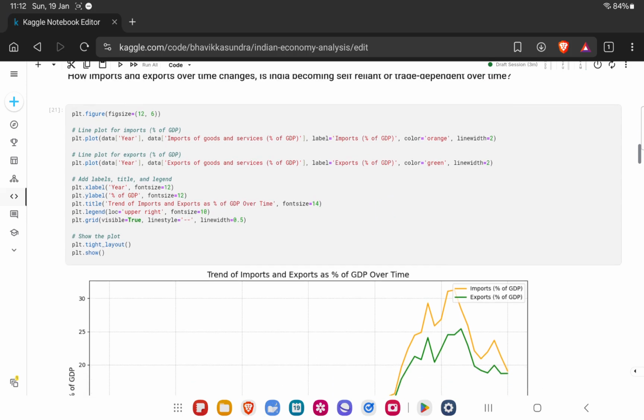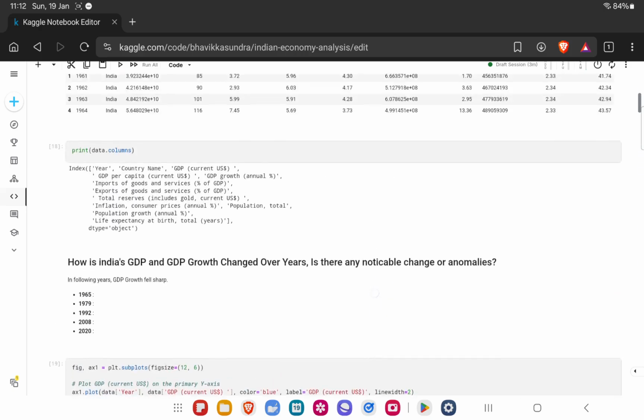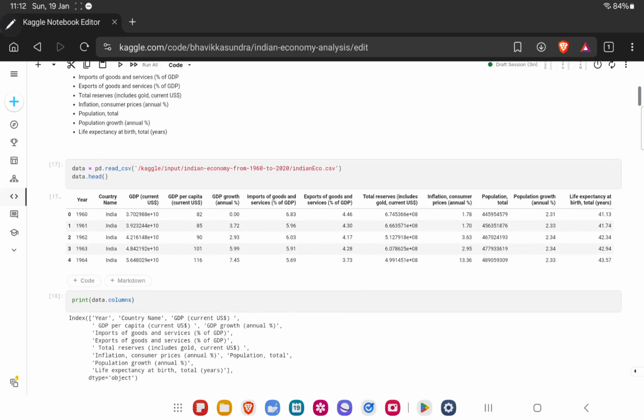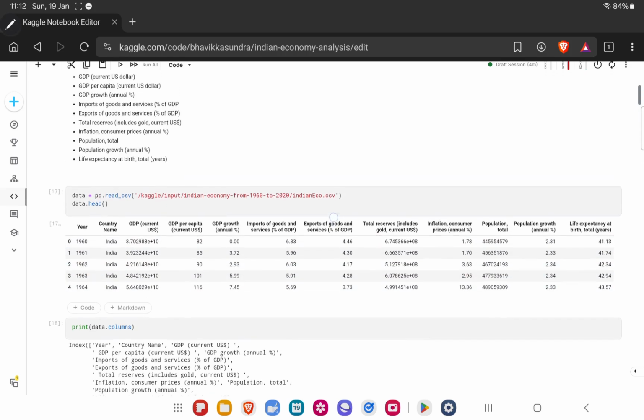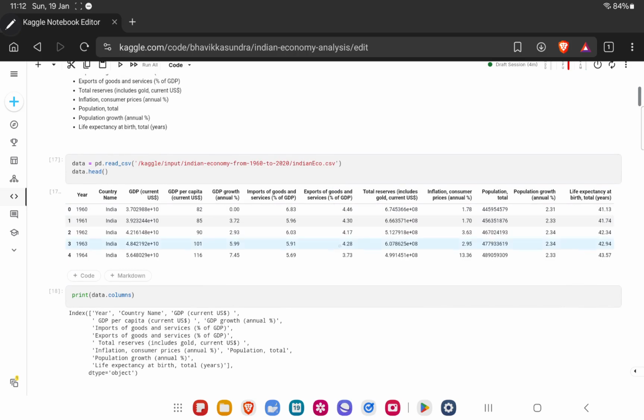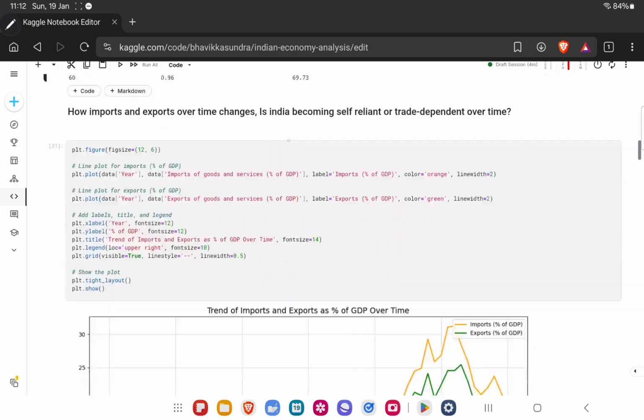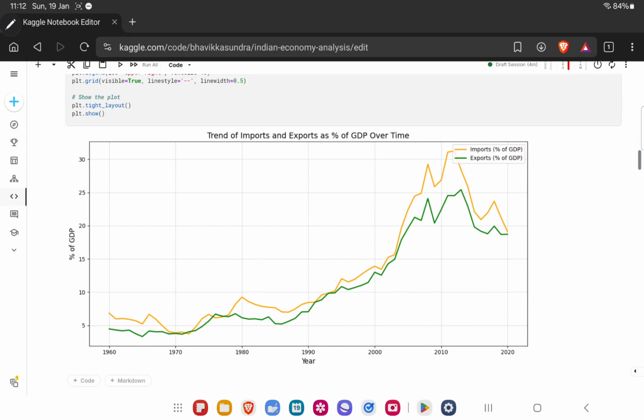For that we're going to cover the data of imports and exports, and I've also plotted that against time. The Y axis is the percentage of GDP, showing the trend of imports and exports.